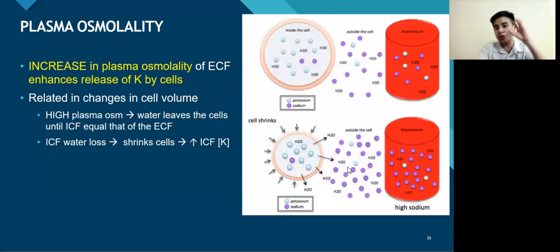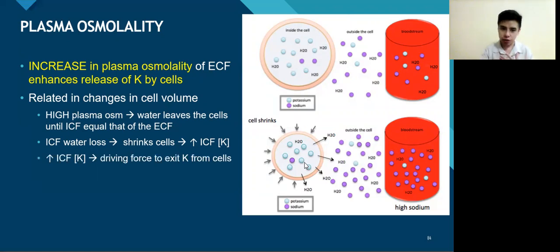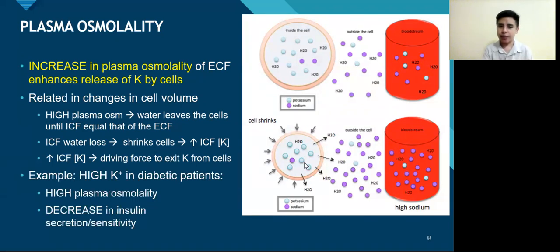As the potassium concentrates, there's a driving force, so potassium goes out, like passive diffusion, from a higher concentration to a lower concentration, down its gradient. That's why there will be a hyperkalemic effect. That's why in patients with diabetes, aside from not having insulin, they have high glucose levels and high plasma osmolality, which will exaggerate the high potassium level.